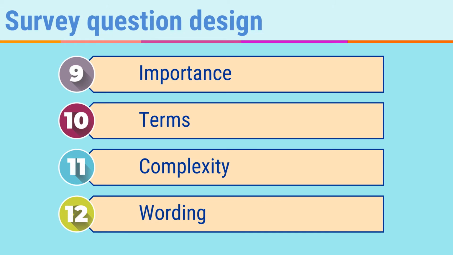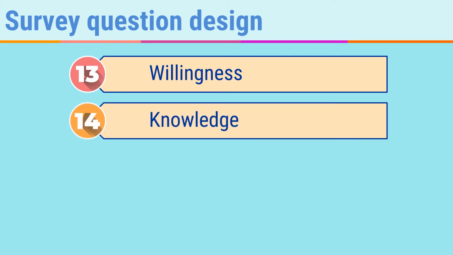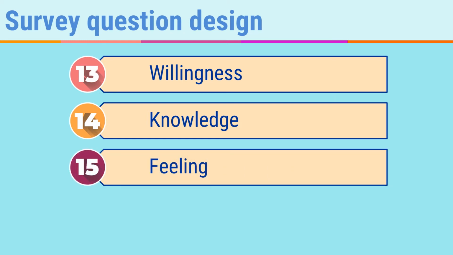We need to ensure that the wording is comprehensible to the respondents. We also need to consider the participants' willingness to answer the questions correctly and honestly. We need to justify if the respondents will actually know the answers. We need to judge how the respondents will regard and feel about the questions.